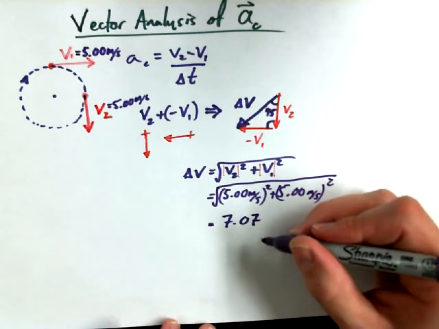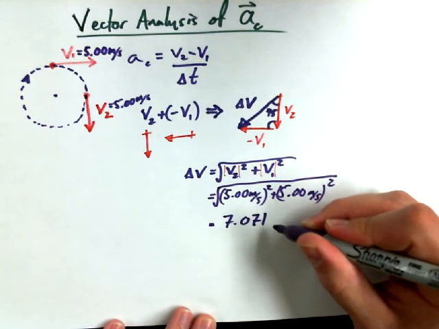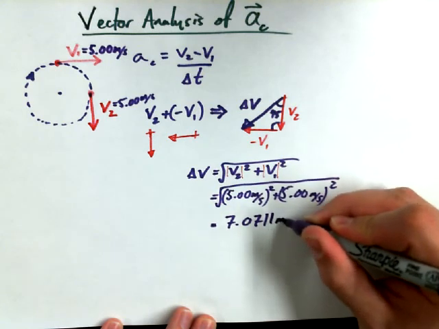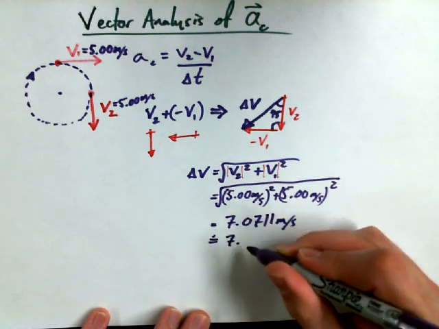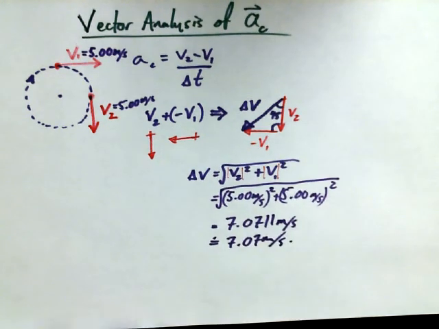Okay, I'll stop it at 7.071, okay? Sure. Okay, meters per second, or approximately 7.07 meters per second. So we could say that there's a direction there, but I want to hold off on the direction just now. We haven't even gotten to the acceleration yet.